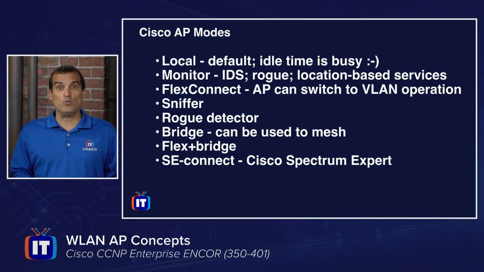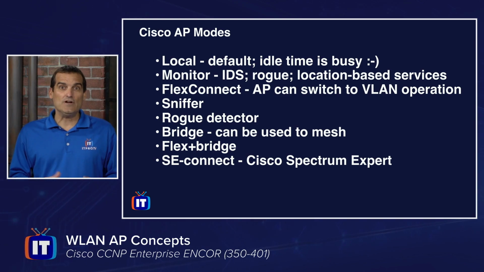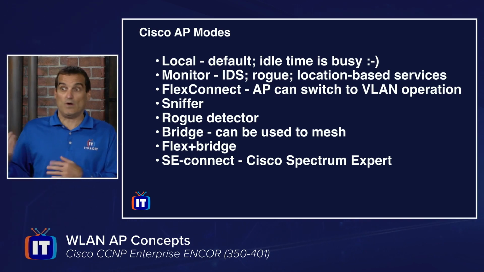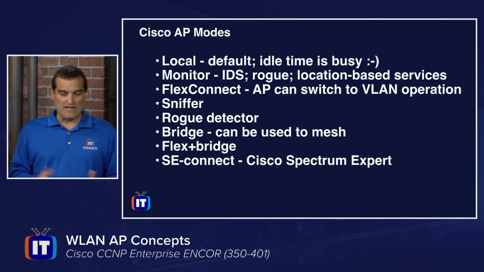Sure, that's a mode we could put it in where that's all it does, but isn't that clever that when they're not busy with clients, they can start doing other functions, other little mini mode functions, if you will. And then the minute they start getting busy with clients, they go, oh, I'm not doing rogue detection anymore. Thanks. So very interesting there.